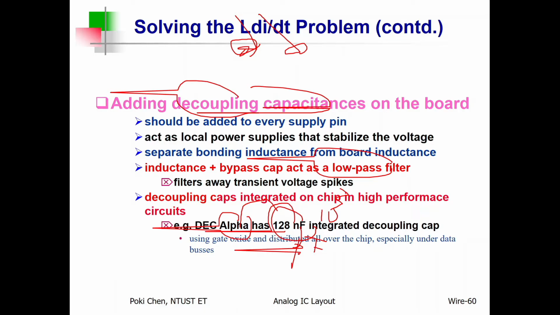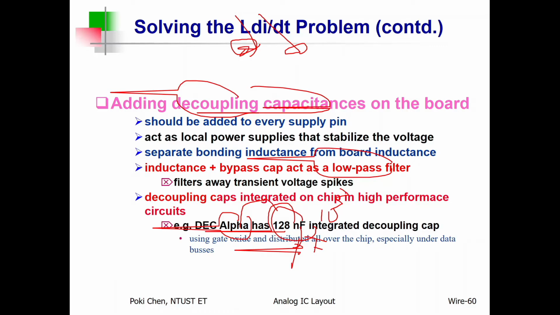It is money wasting. Maybe this is one of the reasons why DEC Alpha was out of the market long ago, because it was too expensive. Anyhow, I would only like to recommend using a proper size for your decoupling capacitor. That's it.